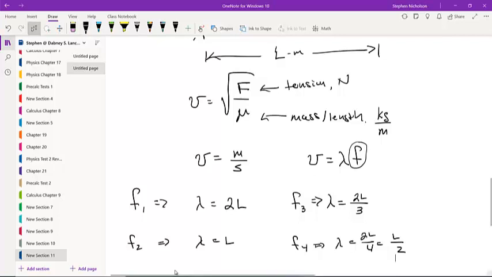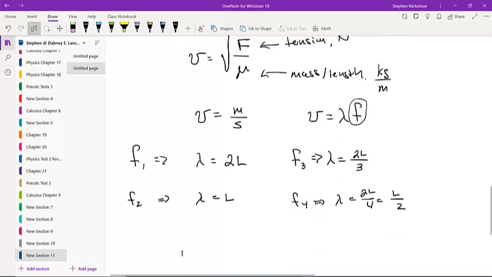Now, typically what we do is we calculate the first harmonic, and if we combine these together, we solve for the frequency. It's V over lambda, but lambda is 2L, so we get 1 over 2L times the square root of F over mu.